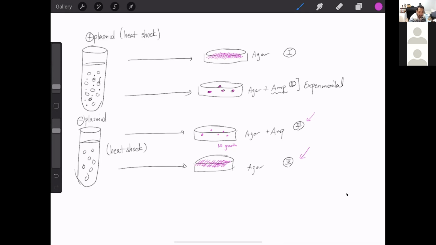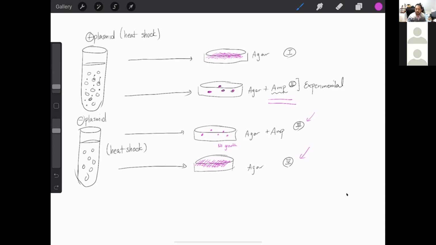And that means that the cells that you began with were already resistant to ampicillin, which means that this experimental plate, number 2, doesn't mean anything, because some of these colonies are growing not because they got the plasmid, but because some of those cells were already resistant to ampicillin. So it doesn't guarantee you 100% success of plasmid being in those cells that are growing as colonies in plate 2.